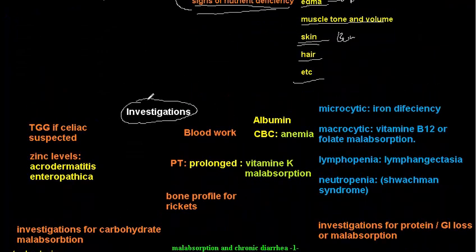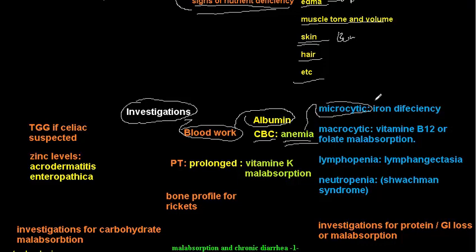Now, investigation of diarrhea, you have to start with blood work. Okay, you have to check albumin, because albumin may be lost. You have to see CBC. Why? To look for anemia due to diarrhea. If you have microcytic RBCs, maybe iron deficiency anemia.